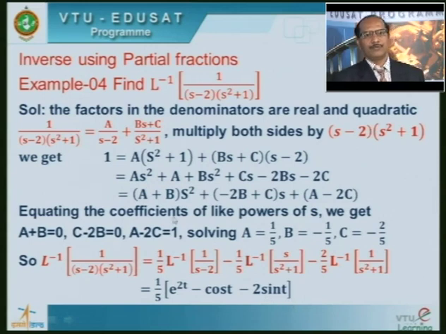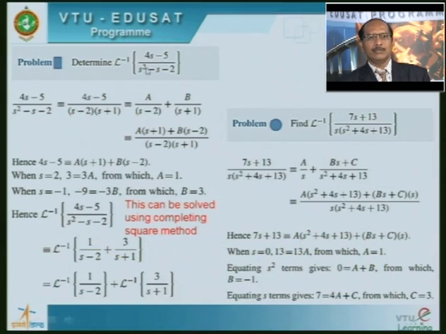So, in this way, one is linear and the other is quadratic; the partial fraction forms are referred to here. See one example: the denominator is a quadratic, s square minus s minus 2. If possible, you try to express it into linear factors.